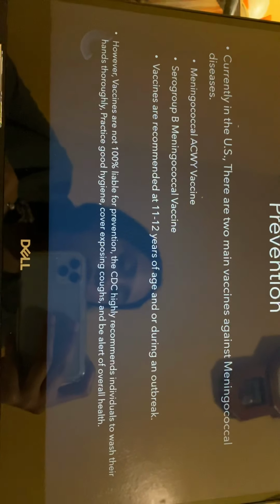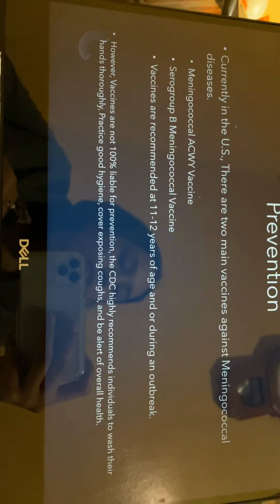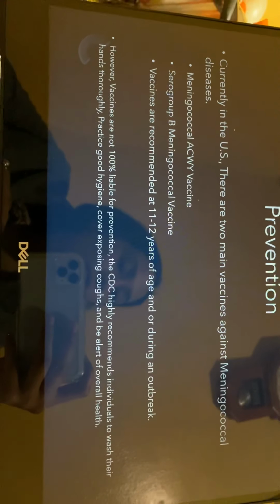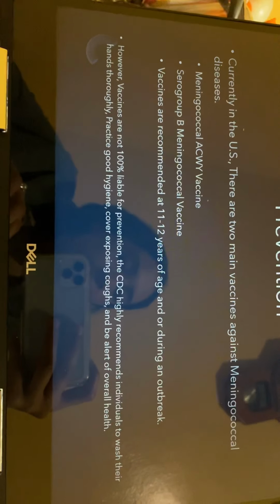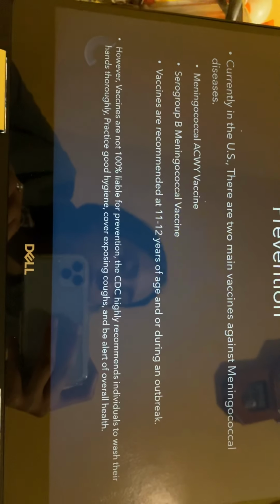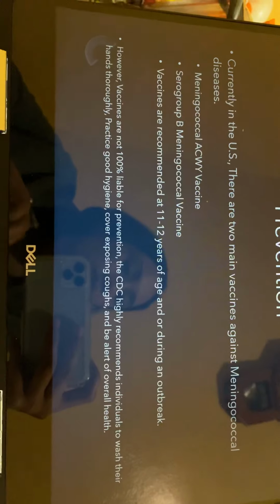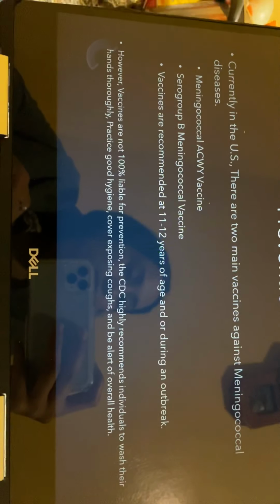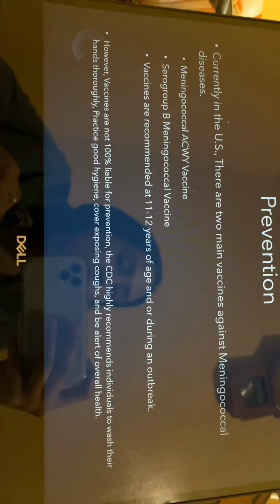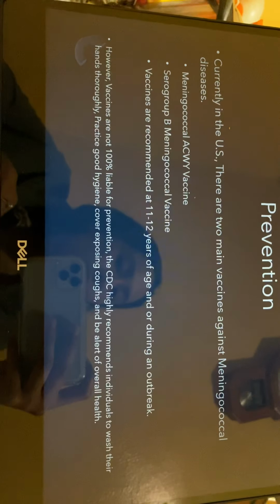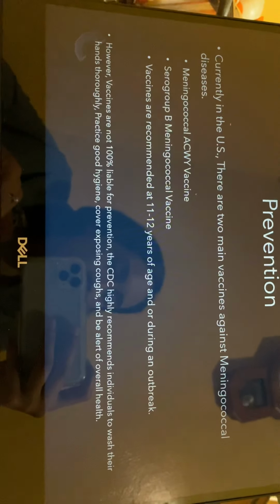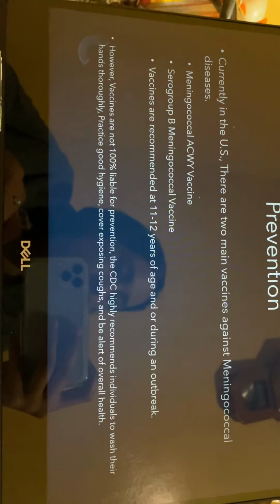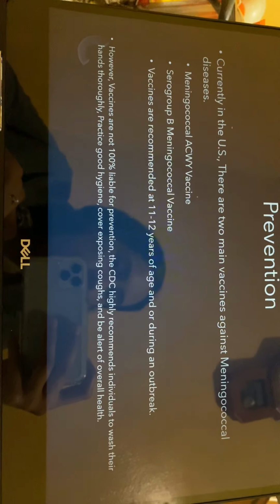The vaccines are recommended at 11 through 12 years of age and or during an outbreak. However, vaccines are not 100% reliable for prevention, so the CDC highly recommends individuals wash their hands thoroughly, practice good hygiene, cover coughs, and be alert of overall health.